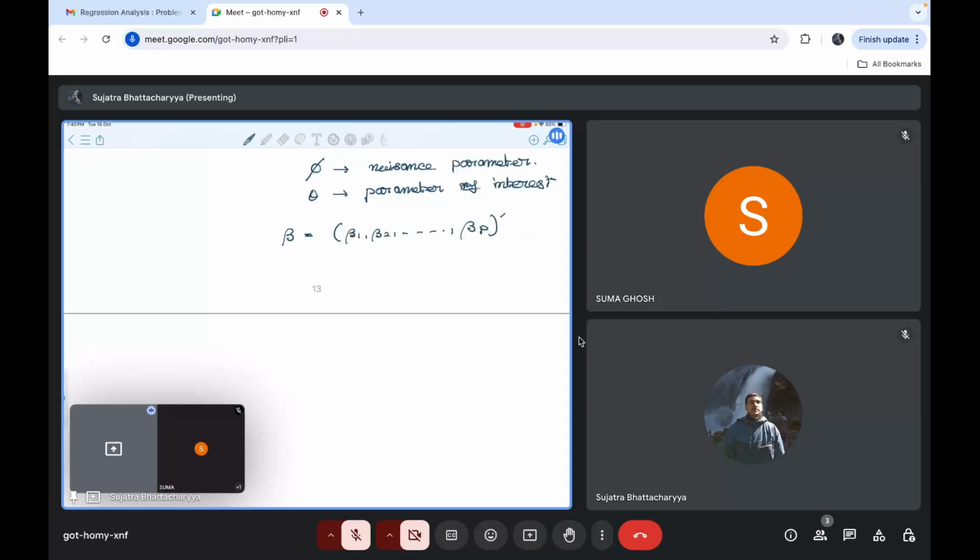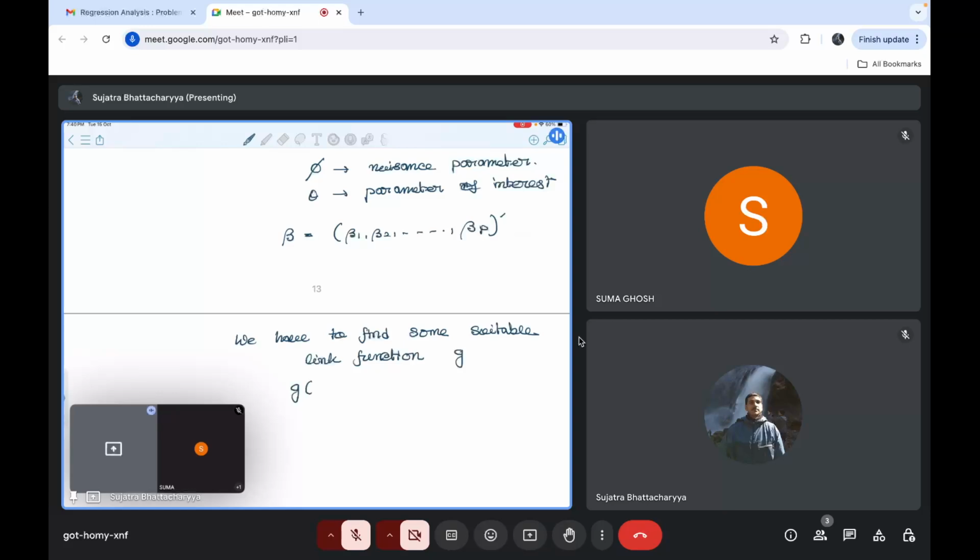So what we need to do is find some suitable link function, some g, which is some function.